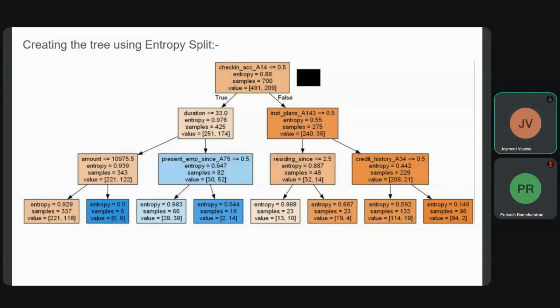This time instead of Gini it's entropy, and we are getting 0.88 entropy. Most of the tree constructed using entropy as well as the Gini criterion is almost the same.